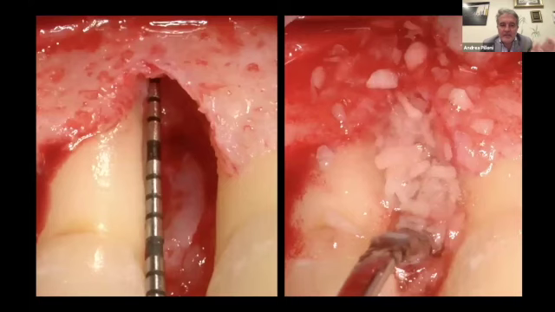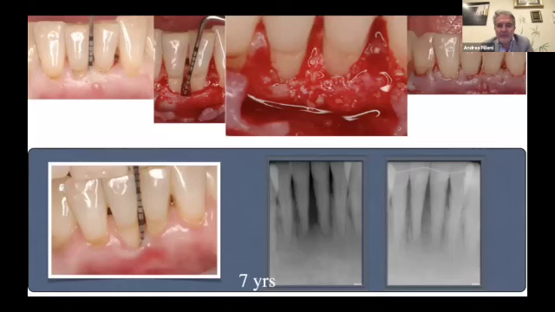This is before the application of the combination of graft and HA. This is another case, just to tell you that sometimes we're lucky also for supra-bony defects, but let me tell you how difficult it is to treat supra-bony defects, again in the combined method.